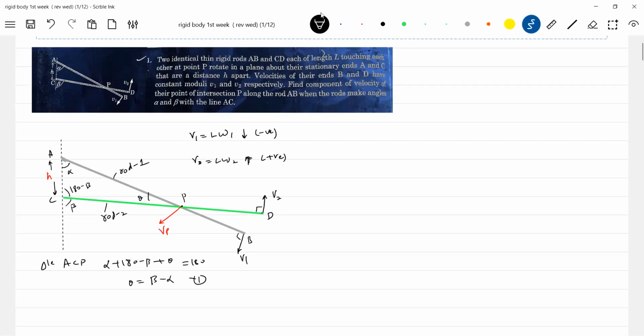Then applying sine rule, H by sine theta equal to AP by sine of 180 minus beta, and H by sine theta equal to CP by sine alpha. This is equation 2, I'll call it. Let me call this as 3.